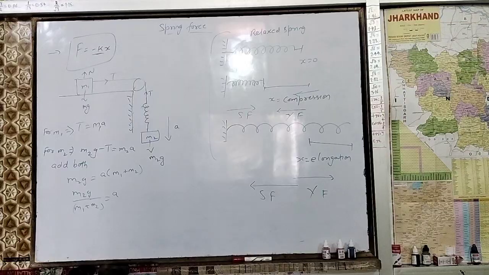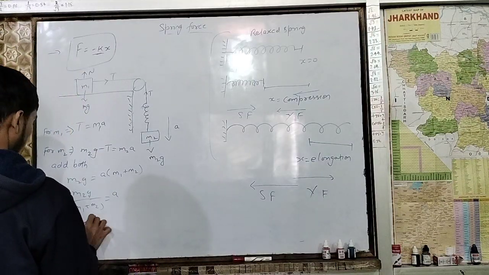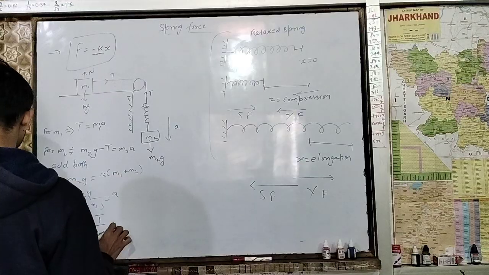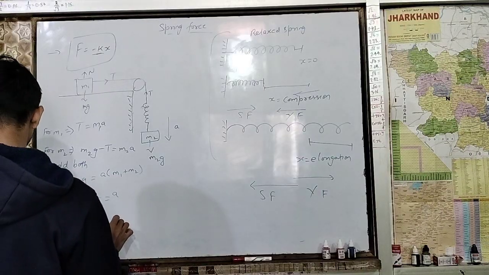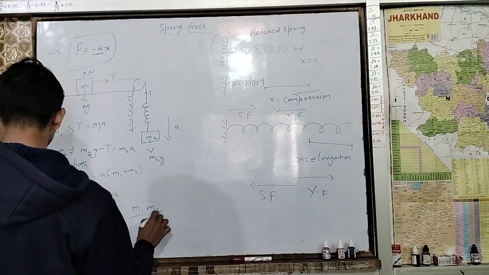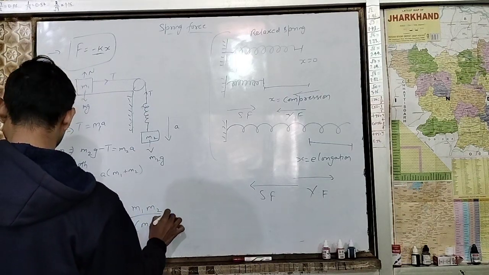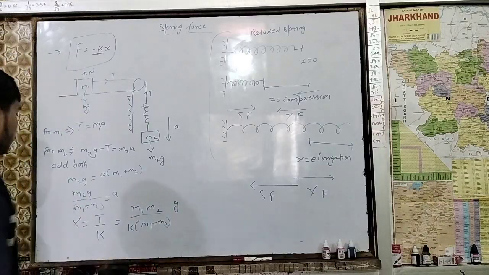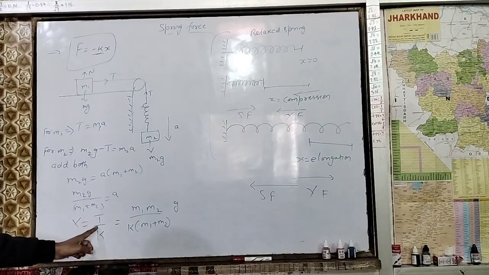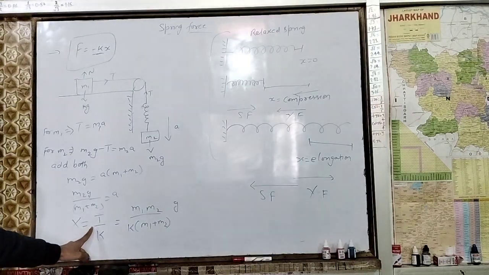And for the tension, just substitute the value of a in any equation. So your x will be T upon k, which gives M1M2 upon k(M1 plus M2) into g.